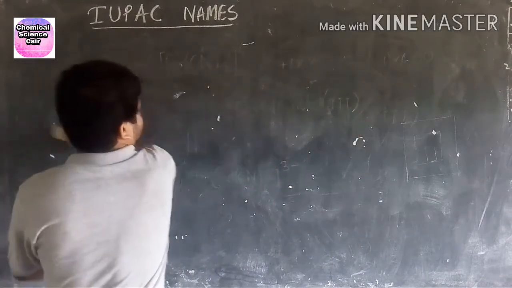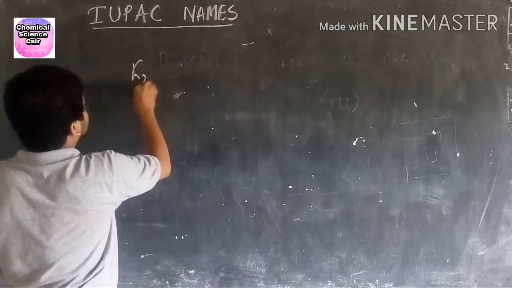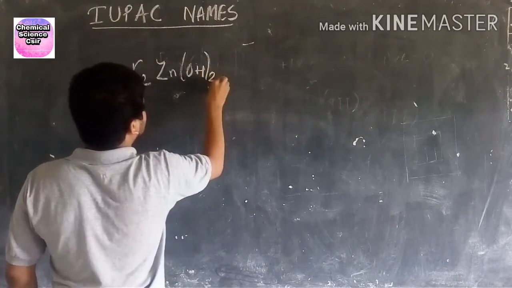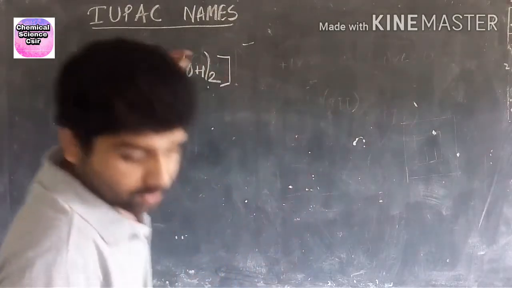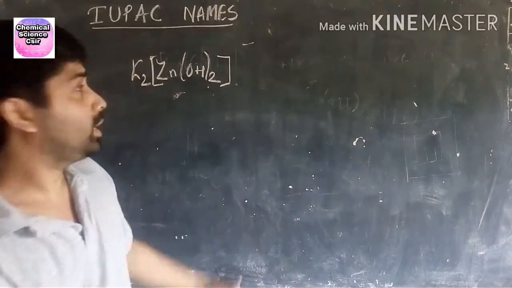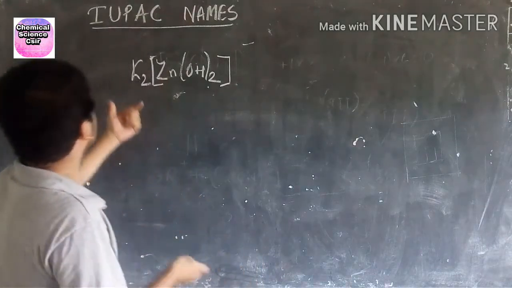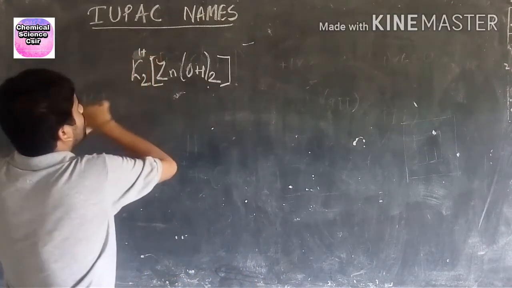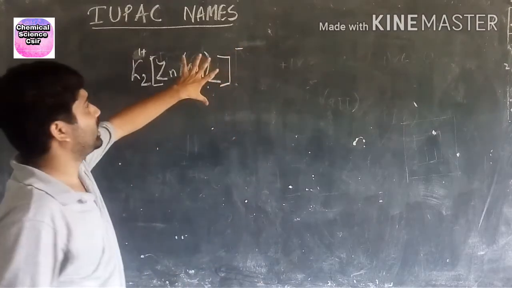Now this example is K2[Zn(OH)4]. First of all, you have to find out which one is the cation part and which one is the anion part. This one is the cation part, potassium, an alkali metal, +1, and this part is the anion.